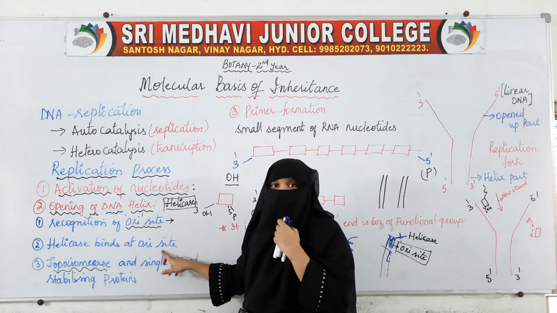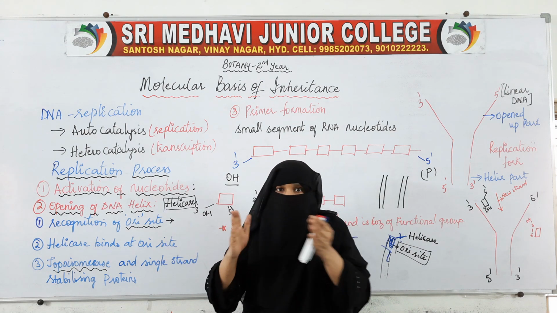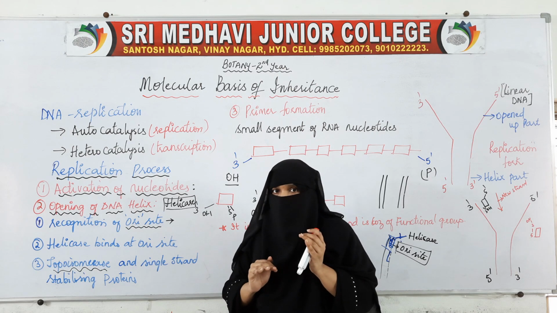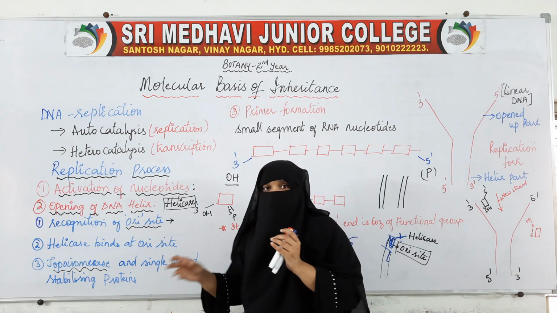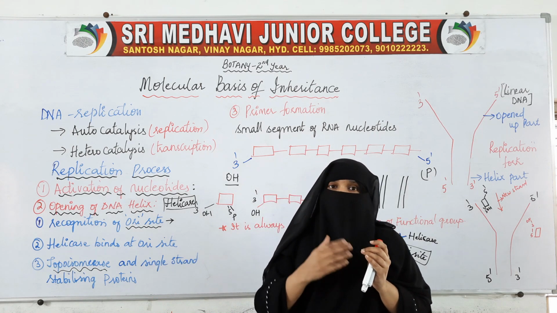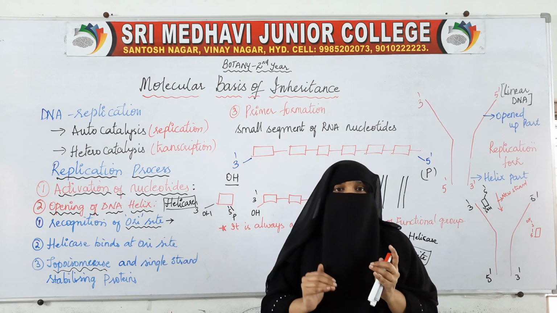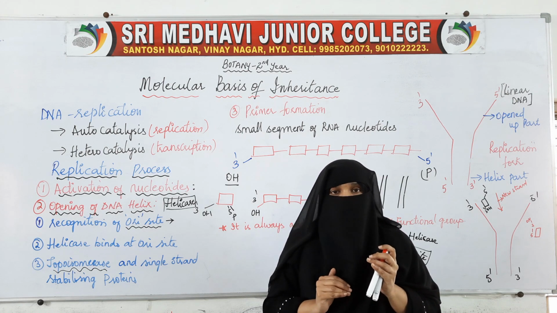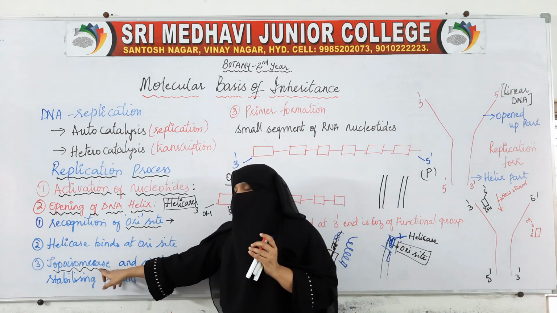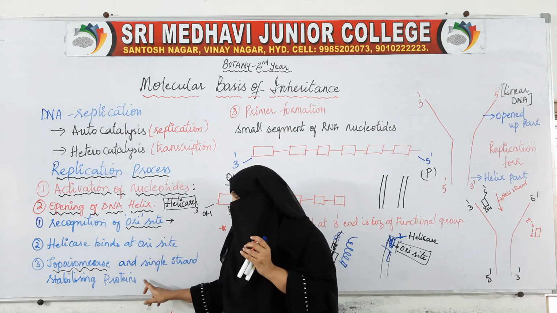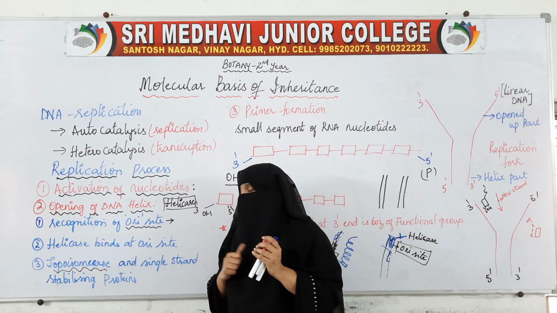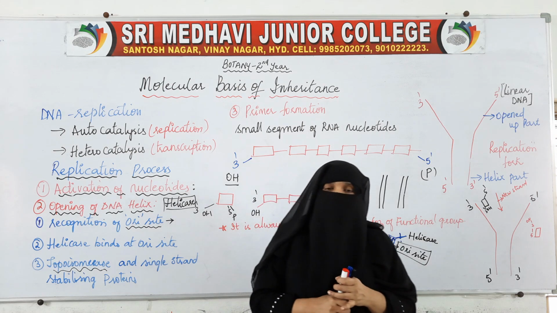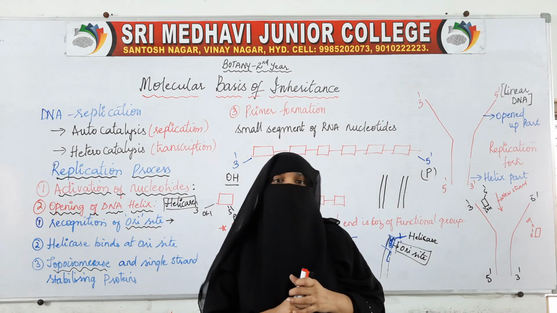After binding at the ori site, here the DNA starts to open up. And after opening up, there will be some tension in the open strand of the DNA. To remove that tension so that it does not coil back again, the enzyme Topo Isomerase and the few proteins, that is single stranded stabilizing proteins, help in stabilizing the strand.